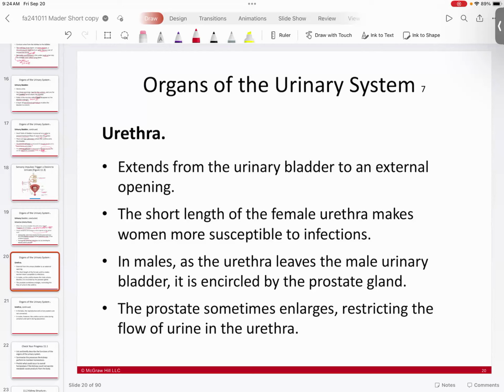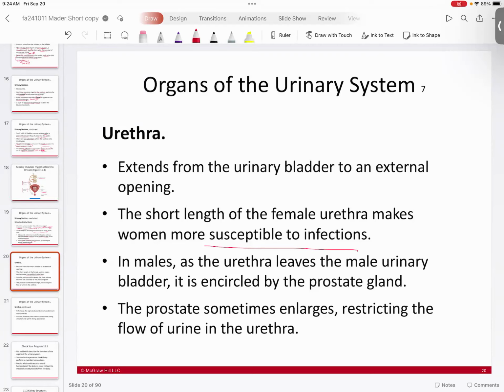This is part of the reason why, generally speaking, women are more susceptible to urinary tract infections, because it's right by the reproductive organs. If there is an infection, like a yeast infection, it can spread into the urinary system.